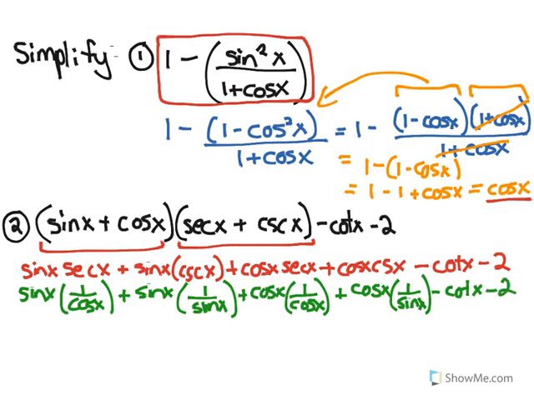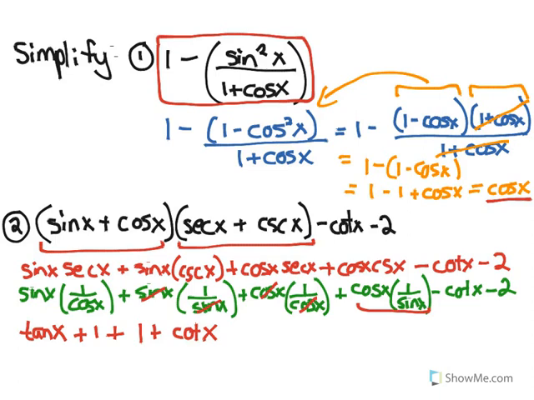So with this first term now we get sine x times 1 over cos x is sine x over cos x, which is tan x. So I'm going to keep it like that for now. Plus 1, because these sine x's cancel, plus another 1, because these cos x's cancel, plus cos x over sine x from this term here, which is cotangent x.